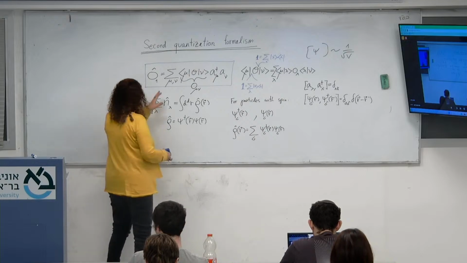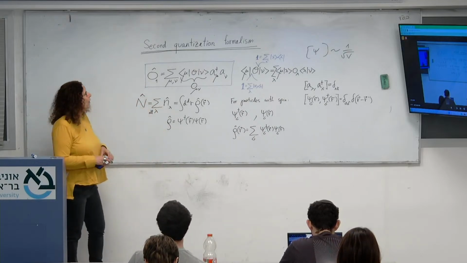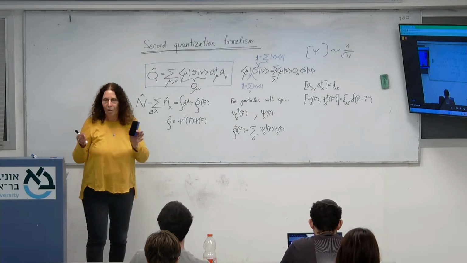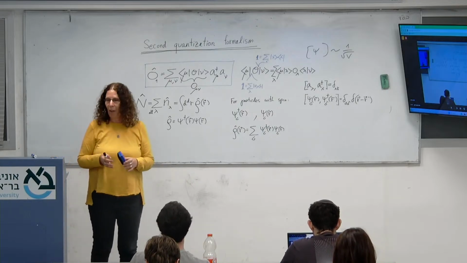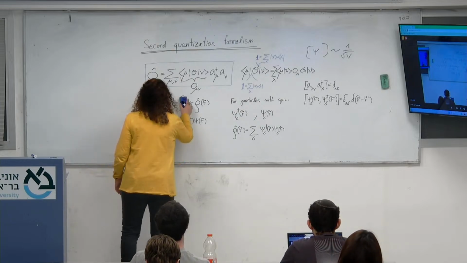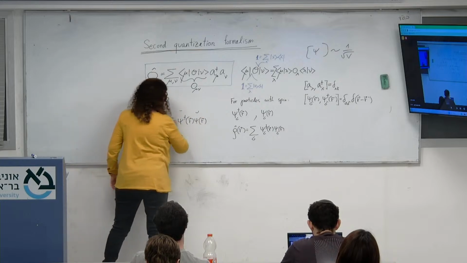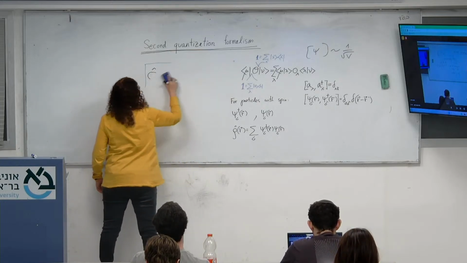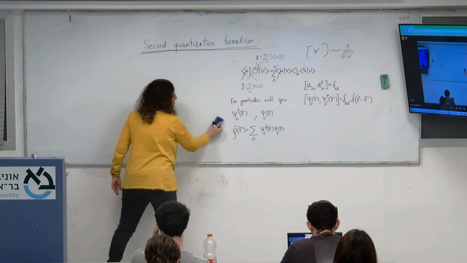But for the ones that conserve number, the two-body will have 2 annihilation and 2 creation operators. The three-body will have 3 annihilation and 3 creation, 6 altogether, and so on. Okay, so let's start talking about two-body operators, and we'll give some examples.